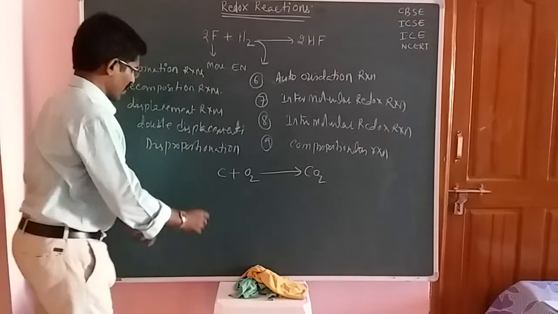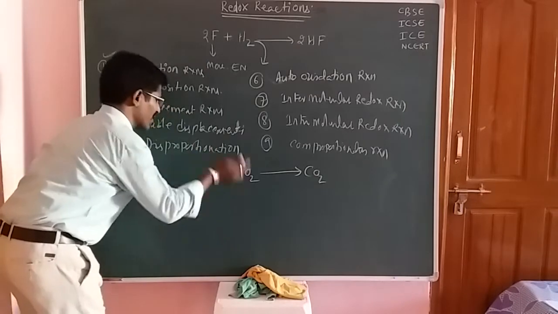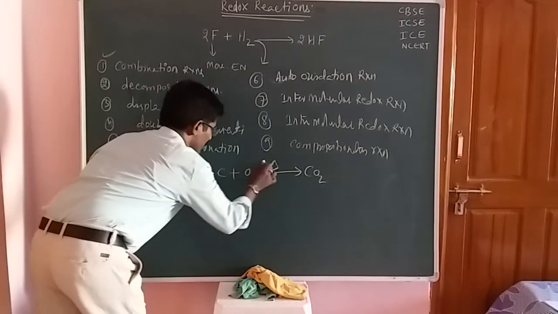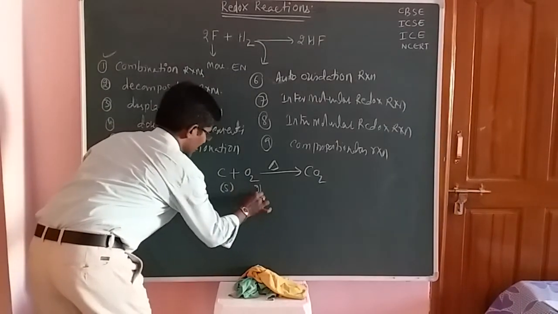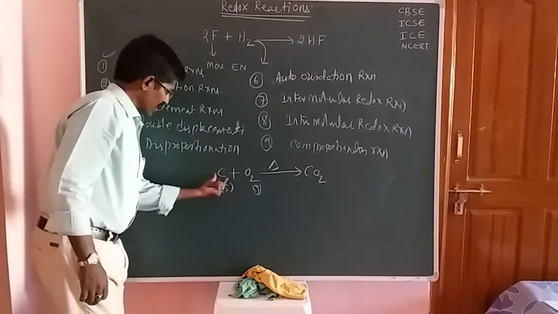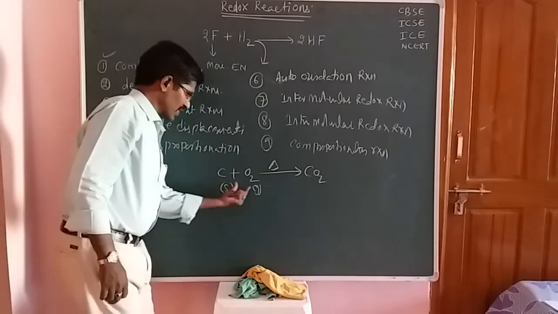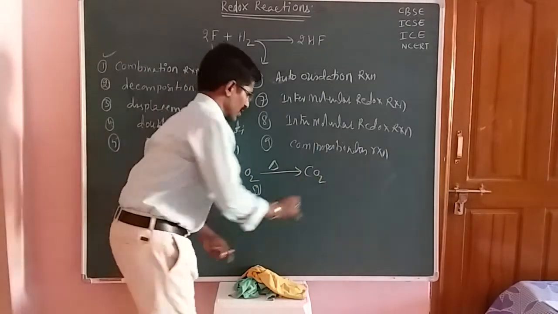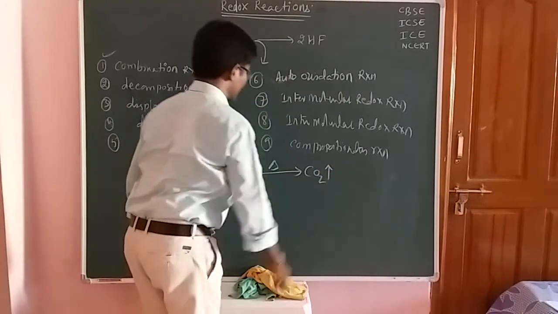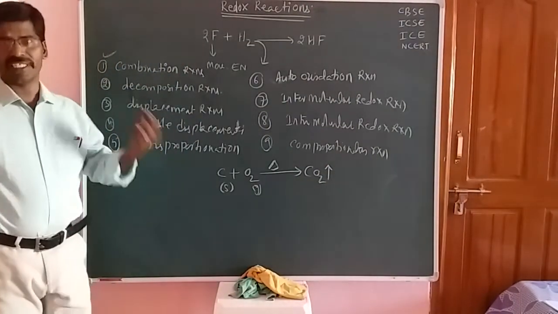Carbon, in the form of graphite, a solid, is heated with oxygen and gives carbon dioxide gas. So this is the best example of a combination reaction.